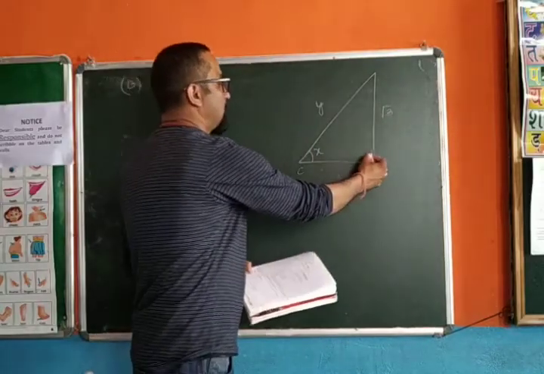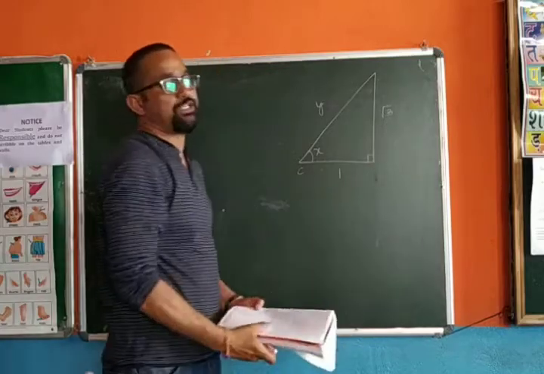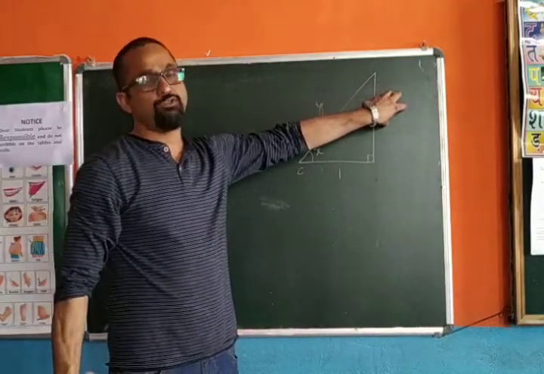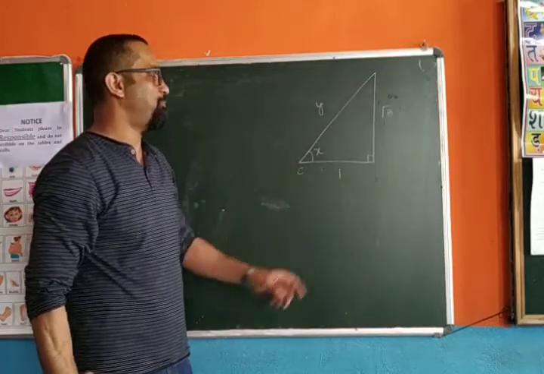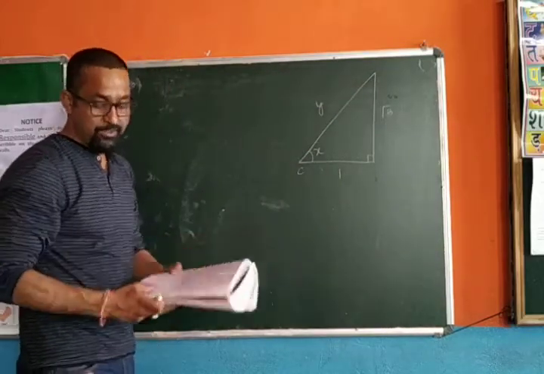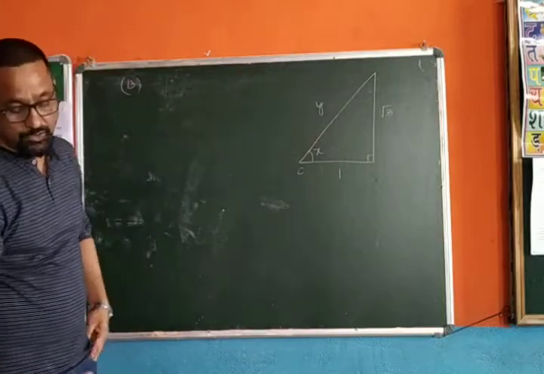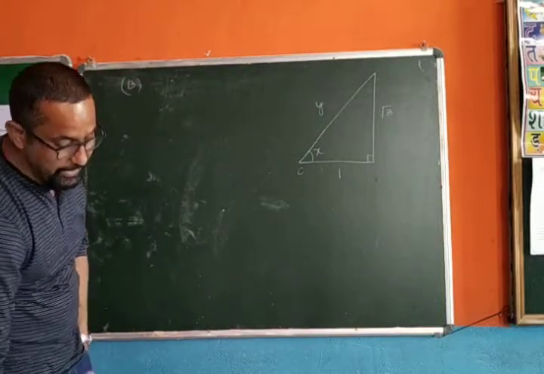All the values are given. Hypotenuse is y, perpendicular is root 3, and base is 1. You need to use the figure to calculate the value of tan x.